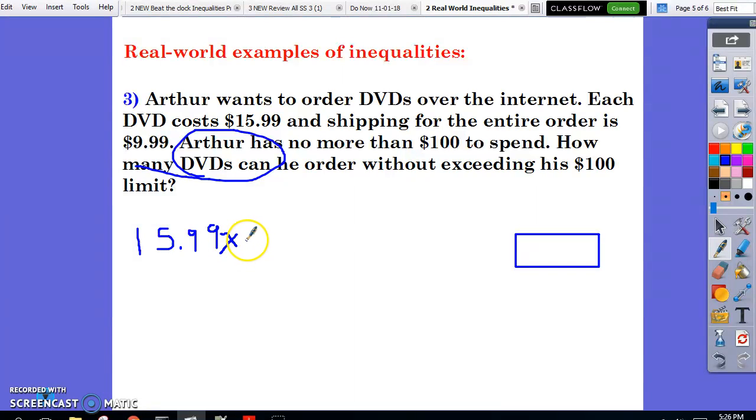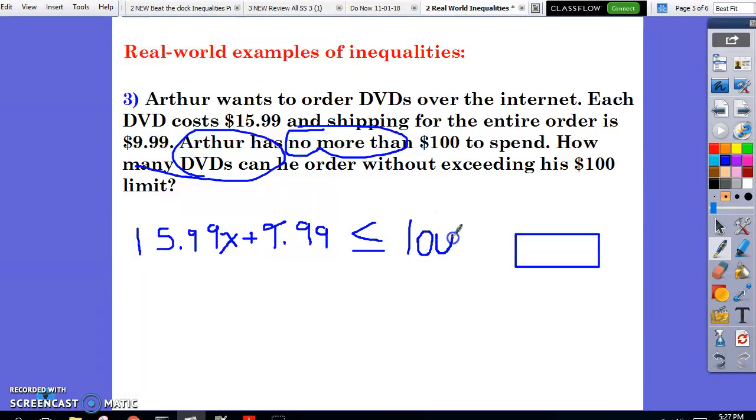And then he has to pay the shipping cost as well. $9.99. Whoops. Now, no more than is our important word to help us find our less than or equal to or our greater than or equal to. So no more than means we have to be less than or equal to $100.